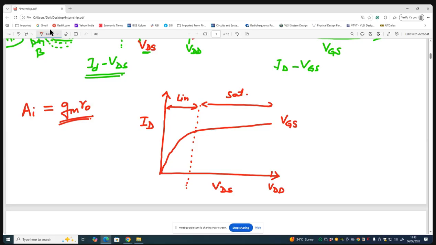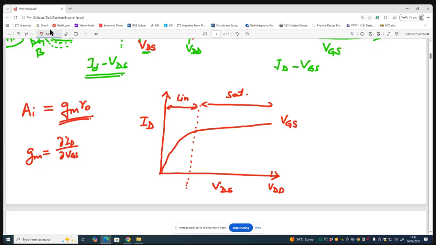A technology node which offers a higher value of gmro, that is a higher intrinsic gain, will offer you a higher gain when you design an amplifier using it, right? Now gm, you know, gm is nothing but ∂ID/∂VGS, right?